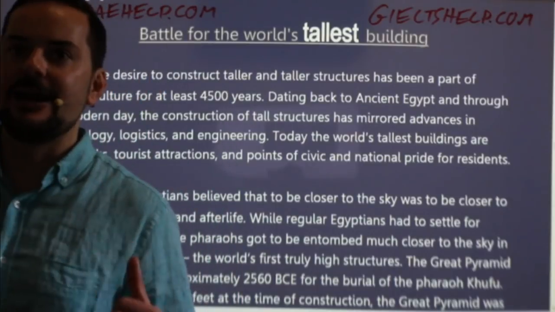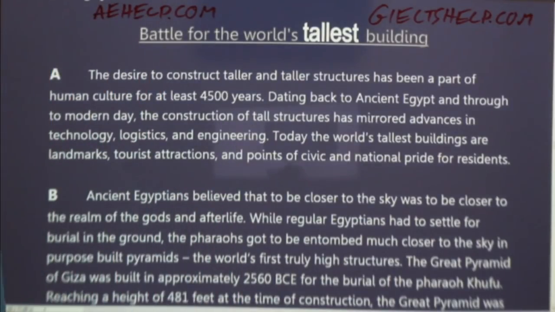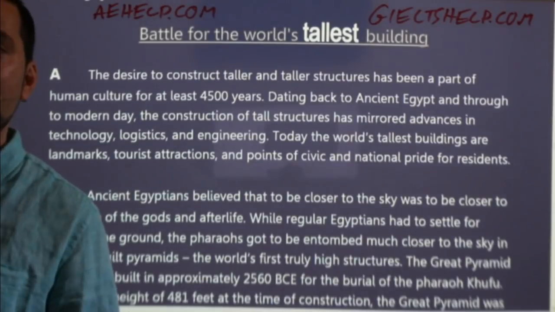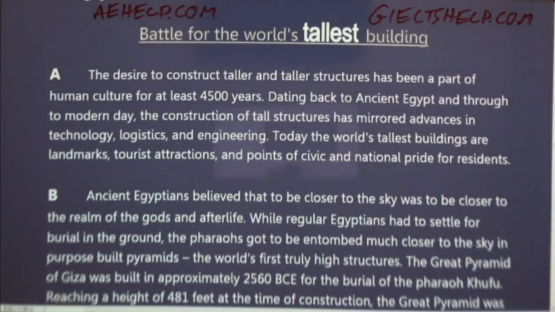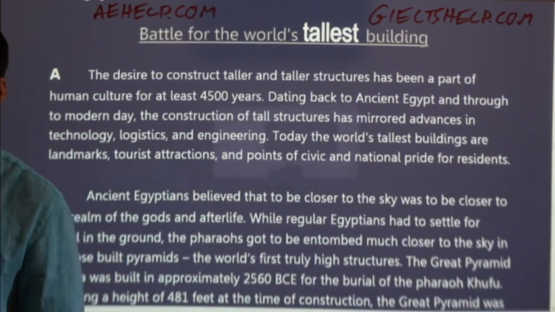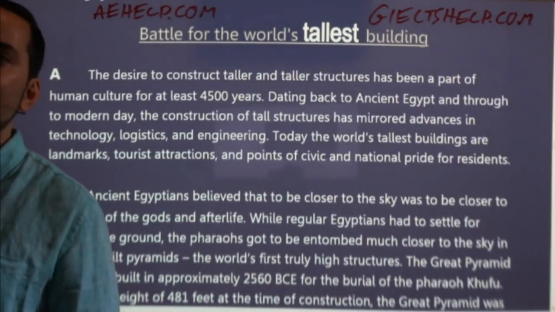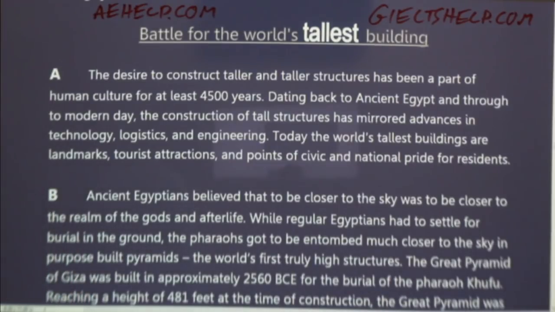What is this paragraph about? What is it talking about? Sharon Diva says it's about tallest buildings in ancient times and modern development. To construct taller and taller buildings, about modern buildings, yeah. History and modern approach about tall buildings, sure.